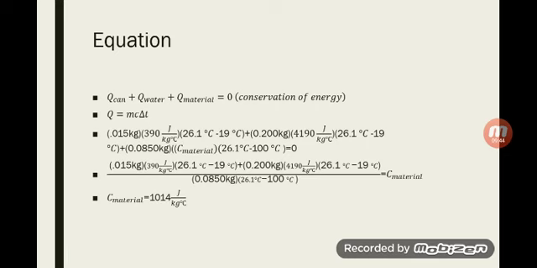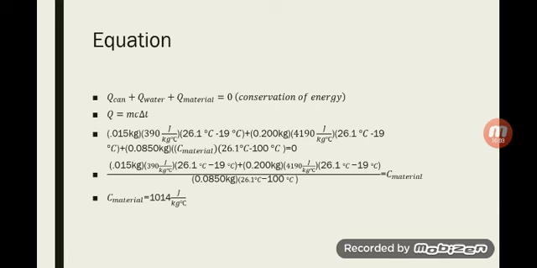Plus 0.0850 kg times C of material times 26.1 minus 100 degrees Celsius equals 0. First things first, the value of the Q of material is going to be negative because it actually lost heat.